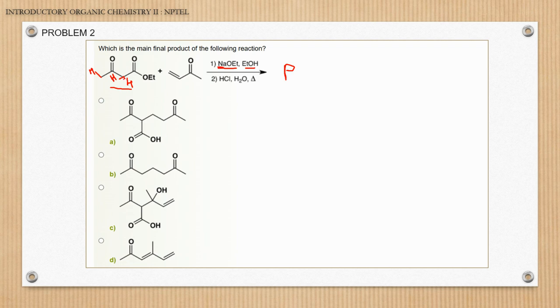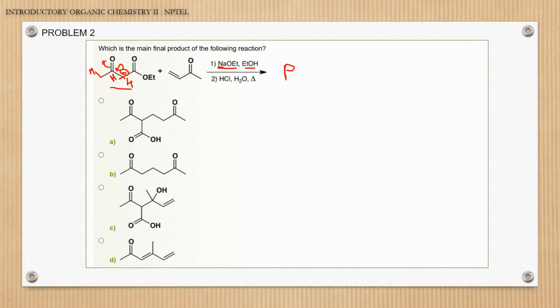Why? What is meant by an acidic proton? Acidic protons are those where, if the abstraction takes place, the carbanion is highly stabilized. So here, if the abstraction of this proton takes place, then the carbanion which is generated is highly stabilized because of the presence of these two carbonyl groups.